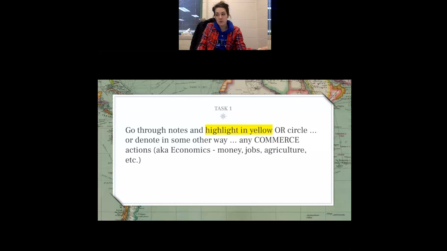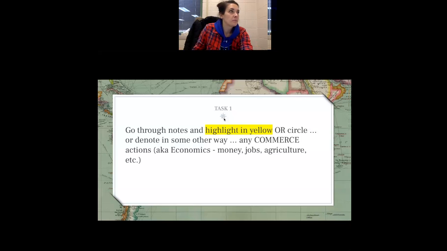So again, 15.3 also has some trade in it for my friends who might be stuck. Fur is another one. Fabulous.